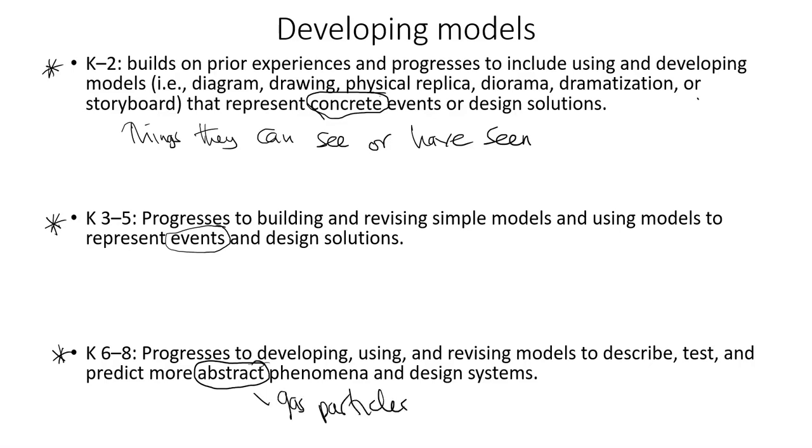We usually don't see gas particles, but these are abstract terms to us. At this point, your students should be able to draw things like those in K6 to 8. So that is a scientific and engineering practice that is dealing with developing models.